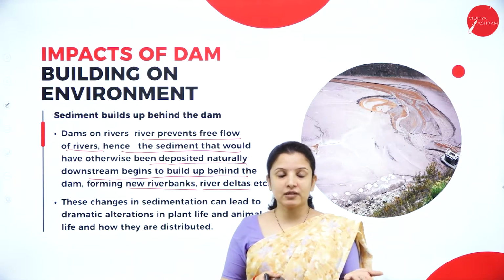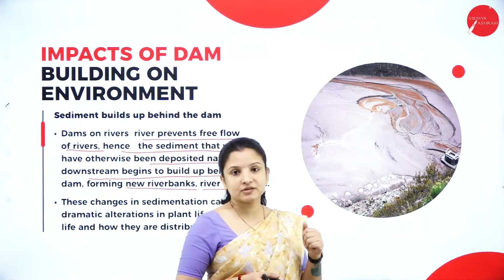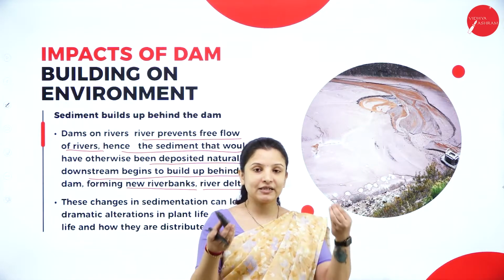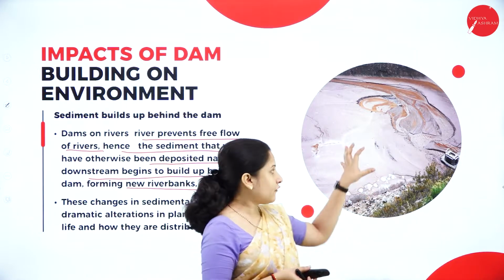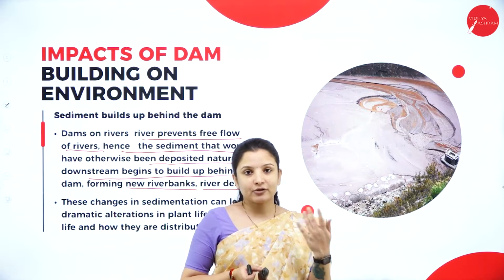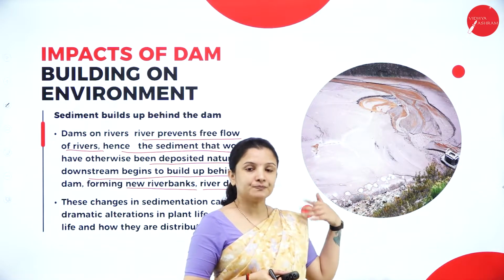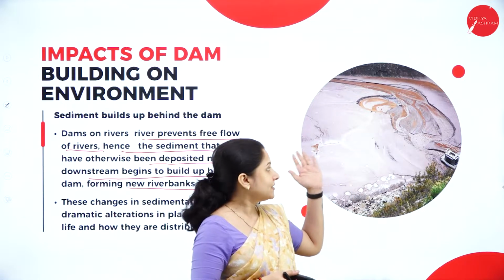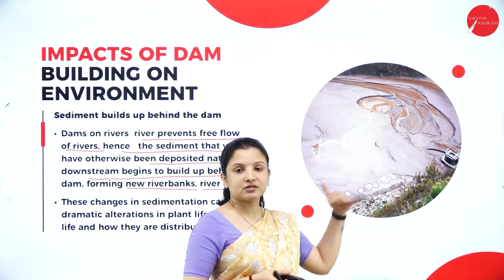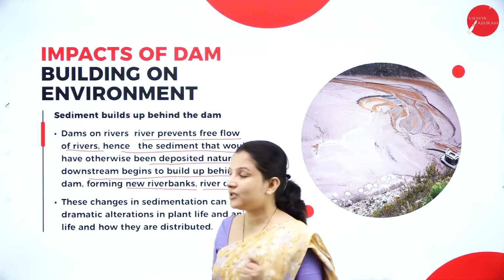How will succession occur? Because of the deposition of sediment, the seeds of grasses and plants, if they fall here, will start to germinate and develop into new plants. Eventually, what was once an aquatic ecosystem will get converted into a terrestrial ecosystem.